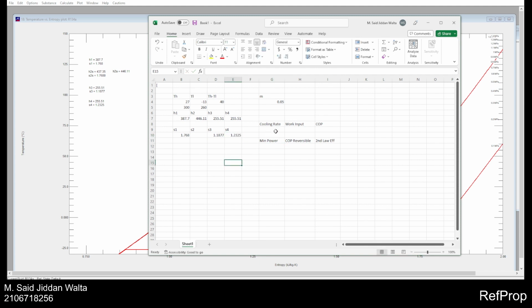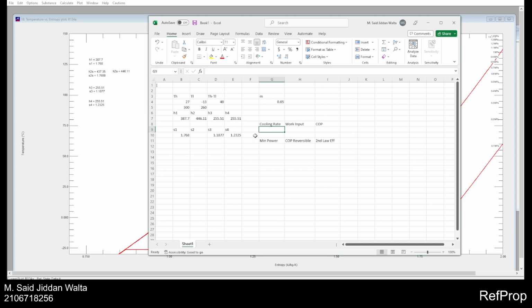And then for the cooling rate, which is being asked in the first part of the problem, part A is the cooling rate and the COP. So the cooling rate, as we know in a refrigeration cycle, the cooling effect happens in the evaporator. So the evaporator is between process 4 and 1, or process 4 to 1.